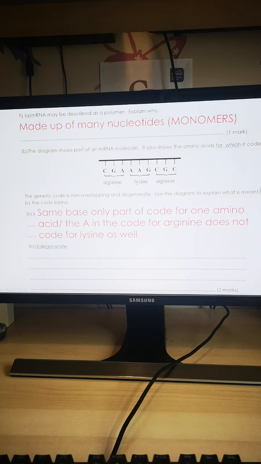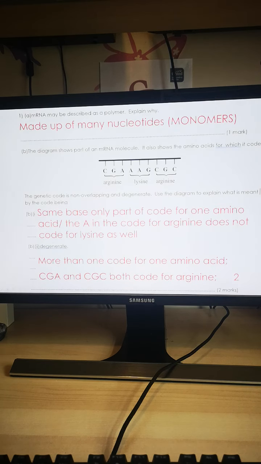You could have used another example, but here the examiner said, for example, the A in the code for arginine is not used in the code for lysine. So each base is only part of the code or the codon for 1 amino acid. It's only read as part of one single codon for 1 amino acid. So you write this in different ways, but it's got to be equivalent to that.